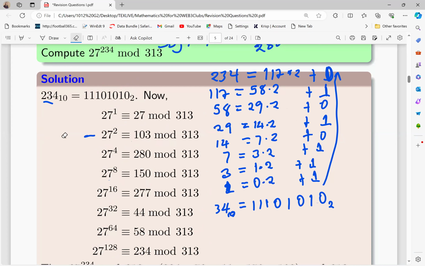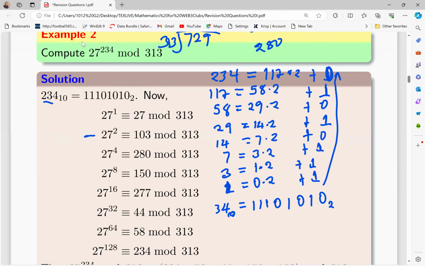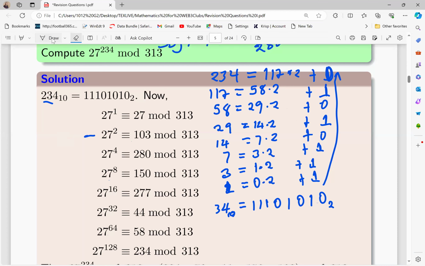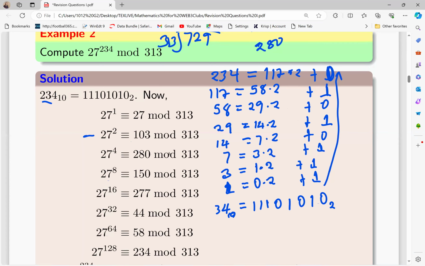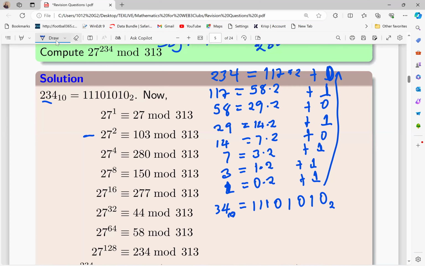You don't waste time, because the binary number already directs us. This binary number is telling us we shall pick the last one.